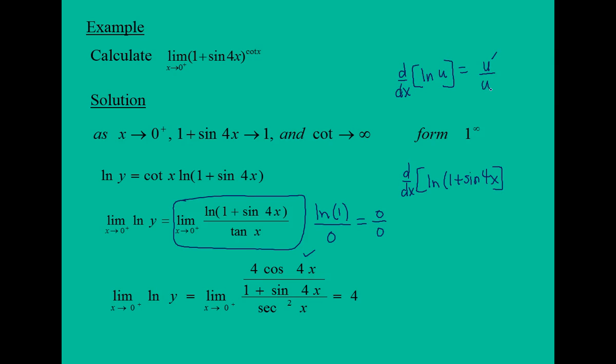So we would take the derivative of the inside function, and that would give us 4 cosine of 4x. And then all divided by u, which is our 1 plus sine of 4x. So that's what we have in our numerator here. And then the derivative of the denominator, secant squared x.